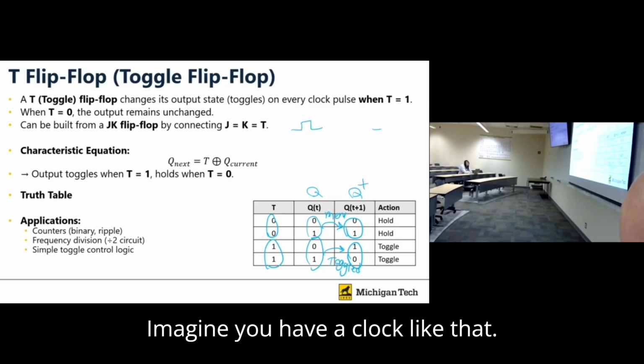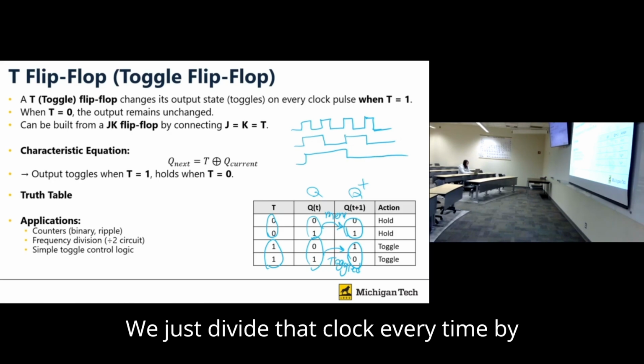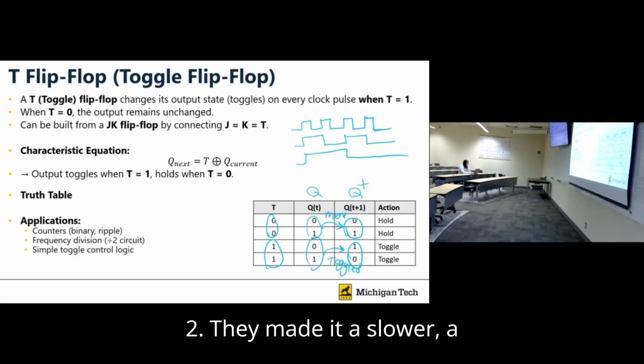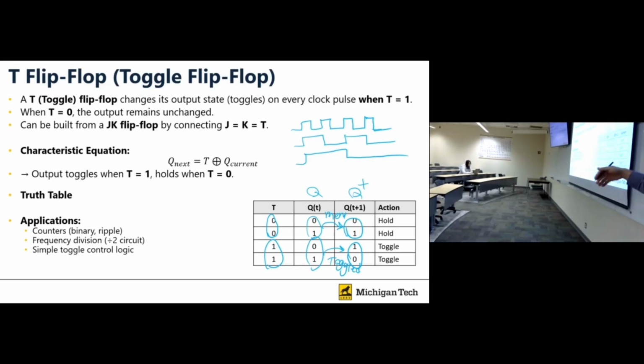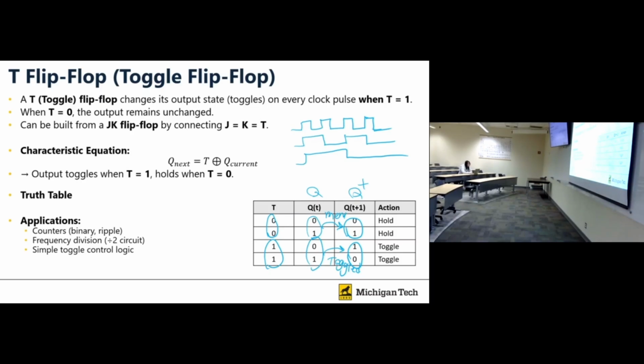Imagine we have a clock like that. Then we divide the clock to this, and to this. We just divided the clock every time by 2. We made it slower and slower. Right now, let's see what numbers they are creating. This number is 1, 1, 1.